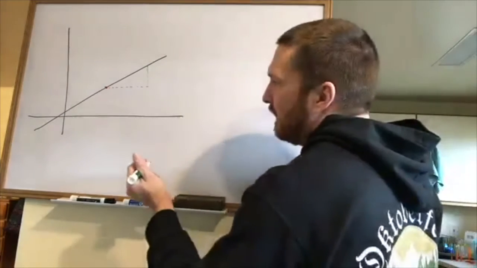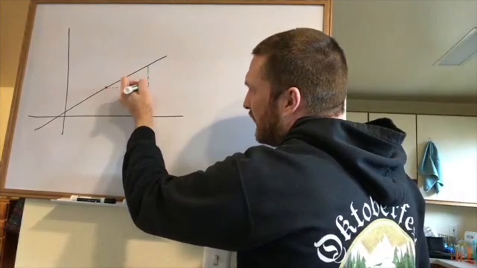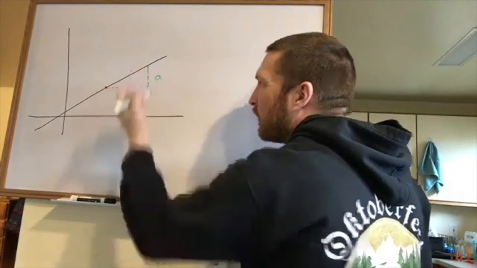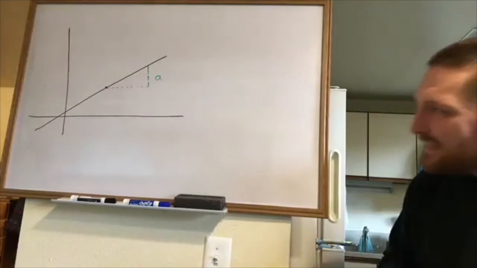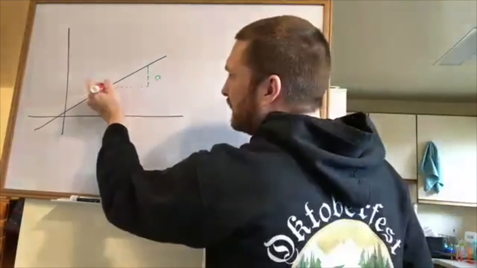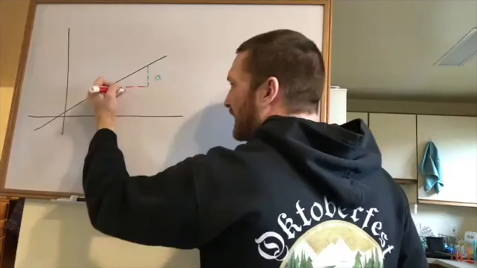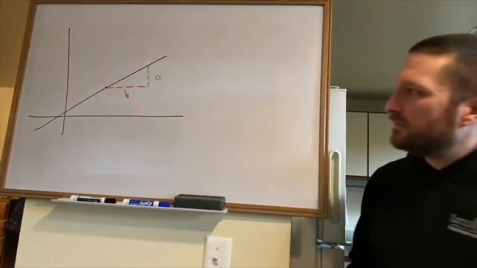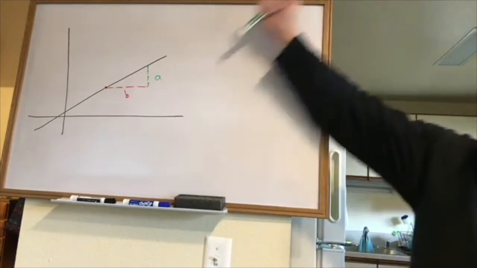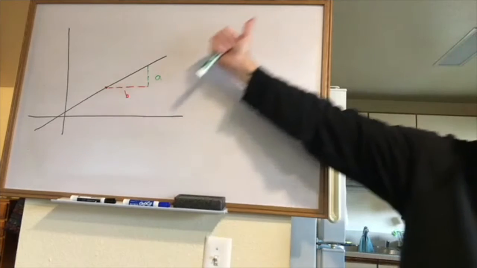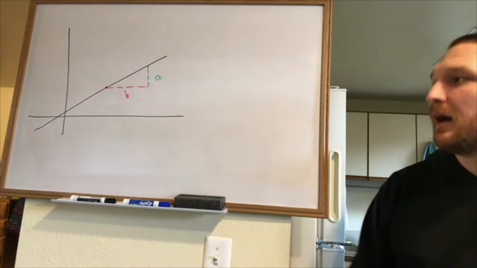This distance right here, from there to there, the height, we're going to call A. This distance from here to here, this length, I'm going to call B. They're both positive. And in this case, A is indeed positive because it's getting bigger. So I know that when I calculate my slope, I'm going to have A be a positive number.